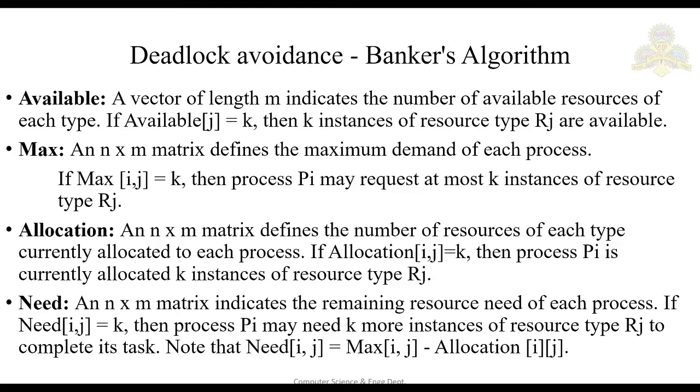When a process requests a set of resources in the system, it will check whether the allocation of these resources will leave the system in a safe state or an unsafe state. If the allocation of the resources to that particular process leaves the system in an unsafe state, then the operating system will not allocate those resources to the process, and the process should wait until some other process terminates and releases its resources, right?